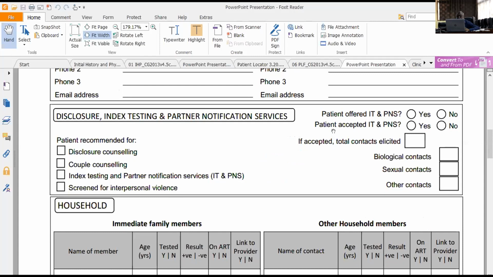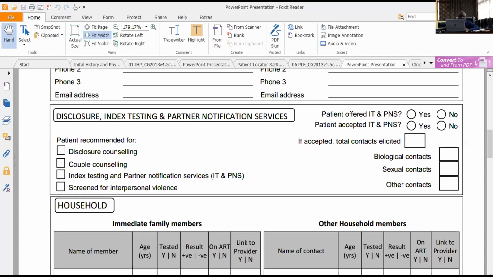Then, if this person has been offered the IT and PNS, if they have accepted, they should also say whether they have accepted to elicit the total contacts. How many total contacts have they elicited? How many of those are biological contacts? How many of those are sexual contacts? And how many of those are other? So this is also very important for upscaling the HIV testing and counseling, especially the index testing and counseling.